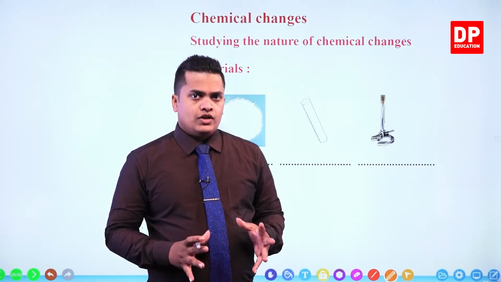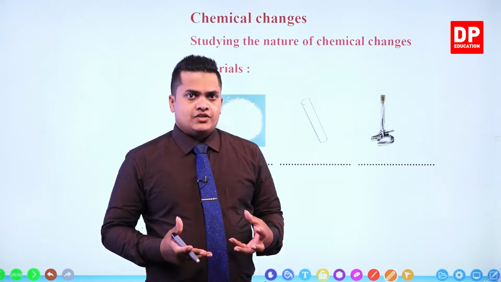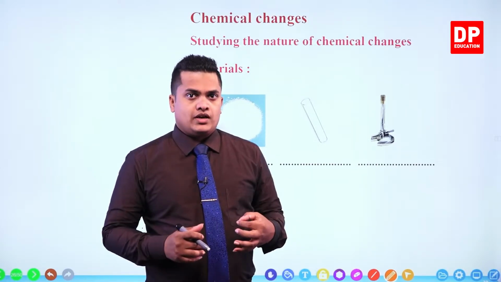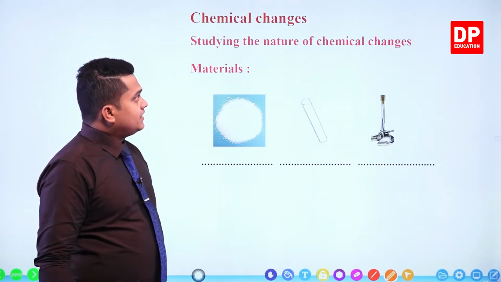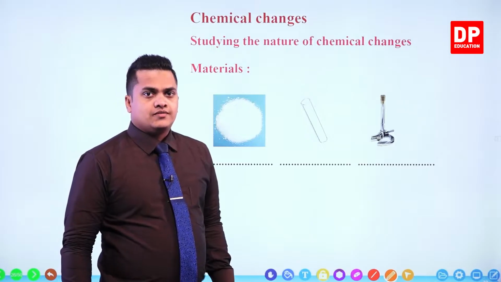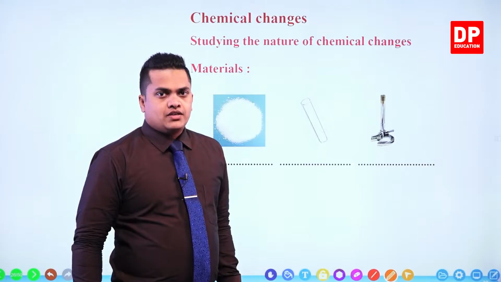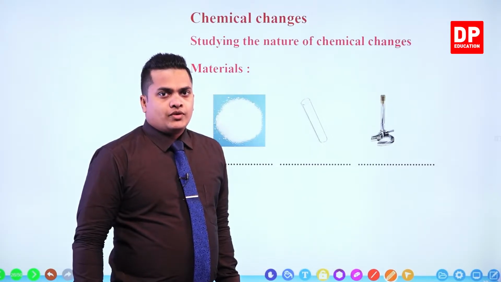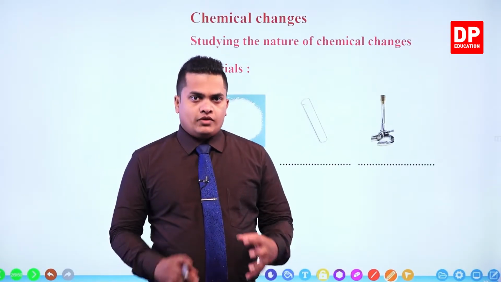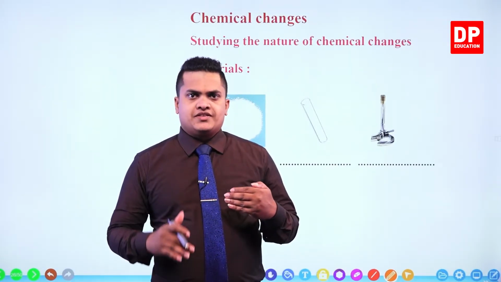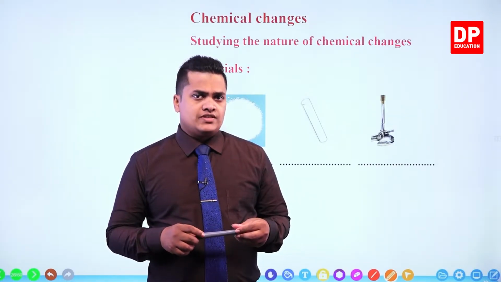So first of all, to get to know what we mean by a chemical change more accurately, you are given an experiment. Here we are studying the nature of chemical changes. We already know that a chemical change is a type of change in which new substances are created from initial substances.